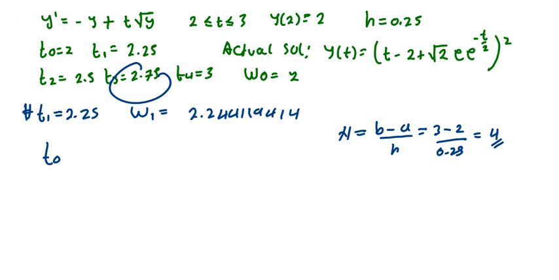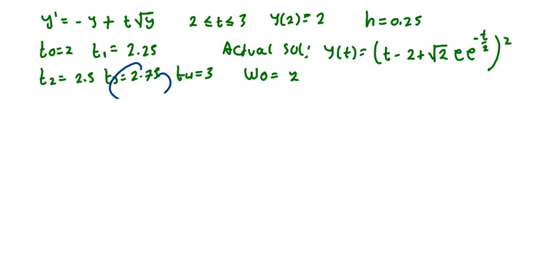Okay, so in that same order, just continue working it out, and let me just write what you're going to get as you proceed. So your t3, we said, is 2.75. As you continue, you're going to determine your w2, or let me start with w1.